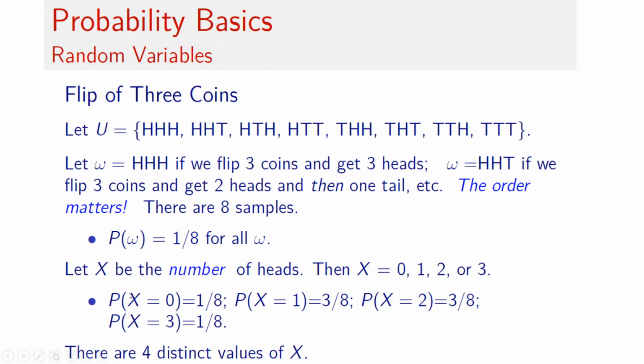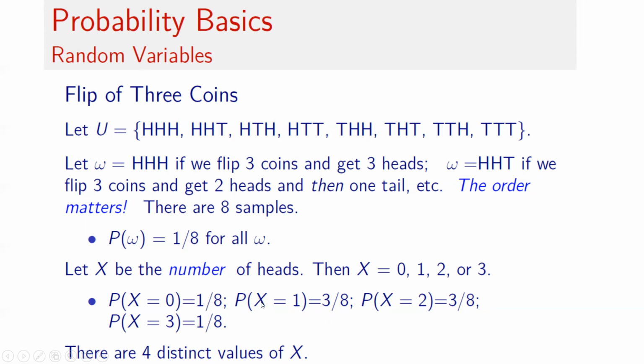So as you can see here, now we changed from the universe space to a vector space, and in the vector space we take 4 values: X is equal to 0, 1, 2, or 3. The probability of X equal to 0 is 1 divided by 8.